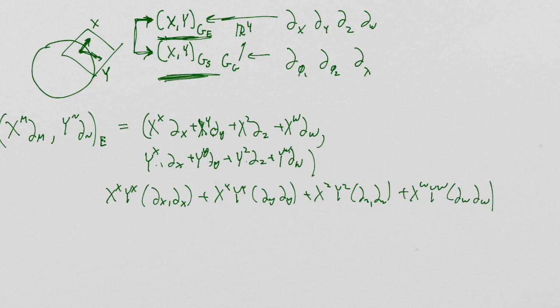And there are no cross terms because the cross terms are zero, since the inner product of partial mu and partial nu is delta mu nu for the Euclidean basis, right? That's the Euclidean, right?